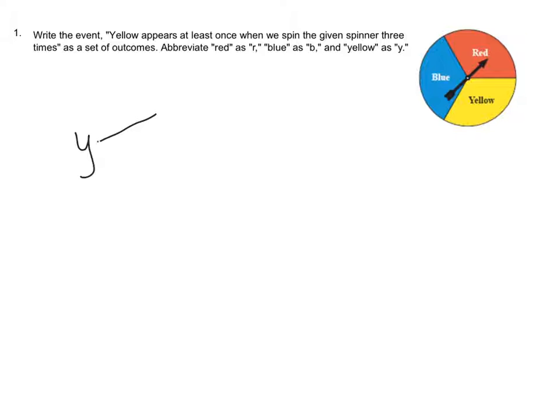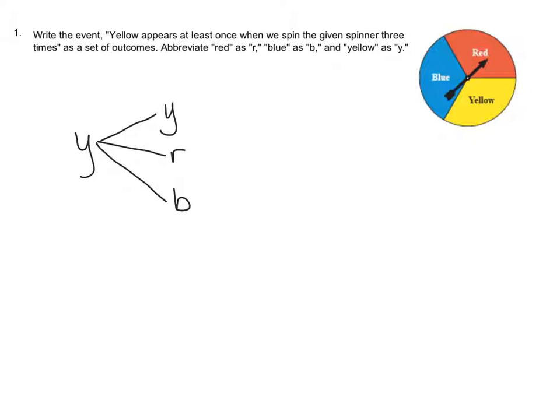Now I'm going to draw 3 branches, and these 3 branches represent the outcomes for my second spin. I could either get a yellow, a red, or a blue on my second spin.